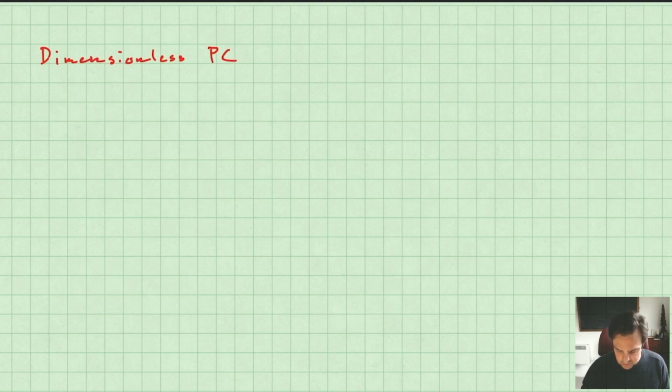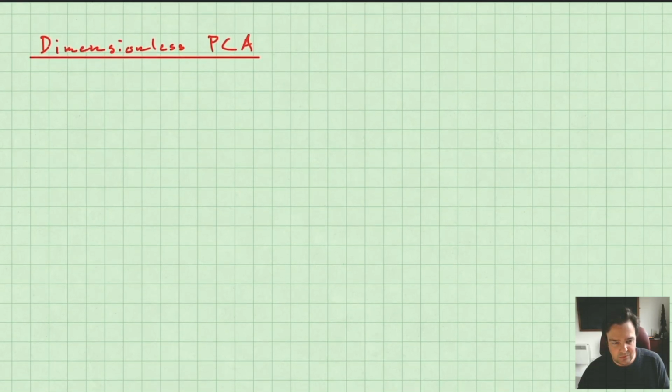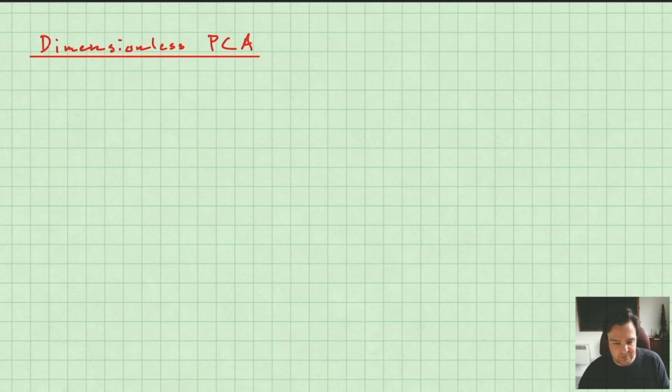So what we're going to talk about is dimensionless principal component analysis, dimensionless PCA. And the issue that we're going to encounter today is one that's common in lots of different places in data analysis and in statistics, and it's often overlooked by less experienced people in the field, but sometimes even more experienced people in the field, to pretty horrific effects.